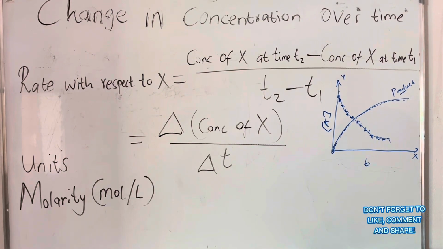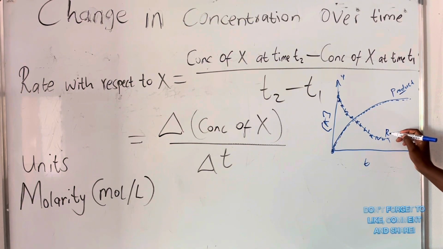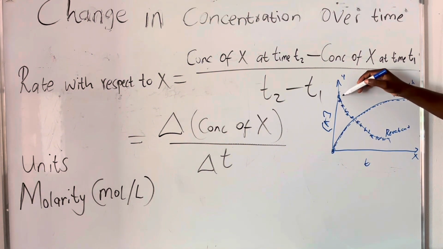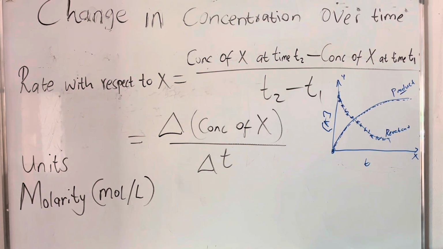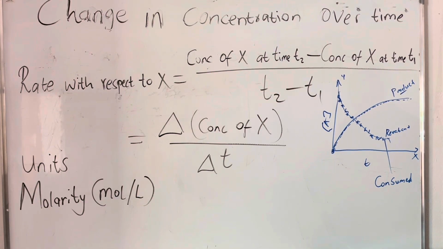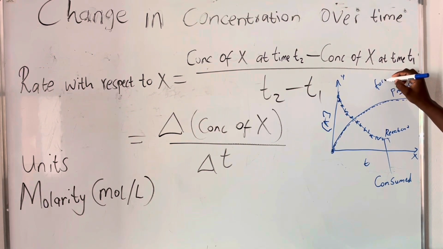So let me write the reactant. The reactant, in other words, is consumed. I want you to note it down: the reactant is the one that is consumed. Then the product is the one that is formed.